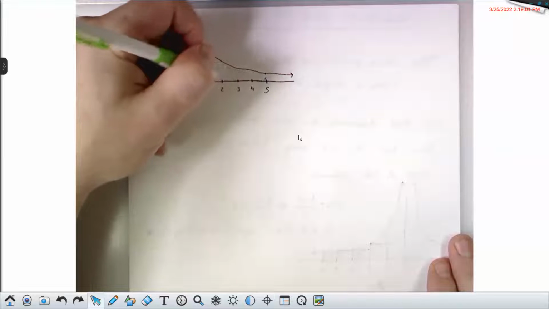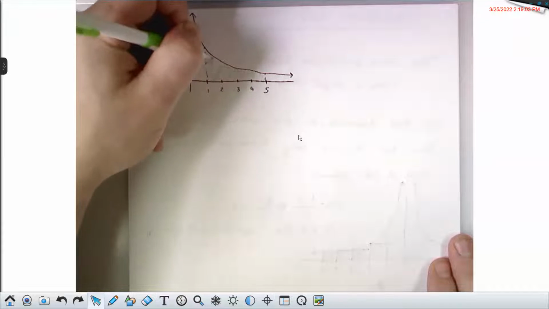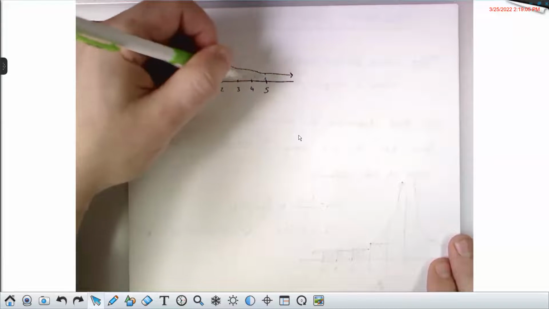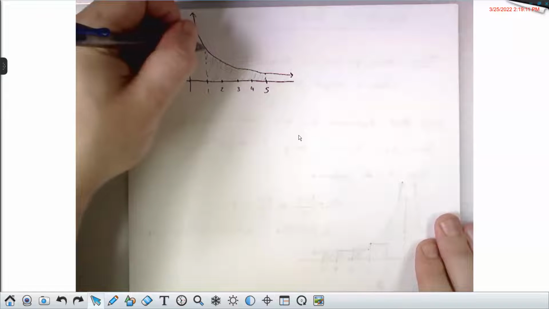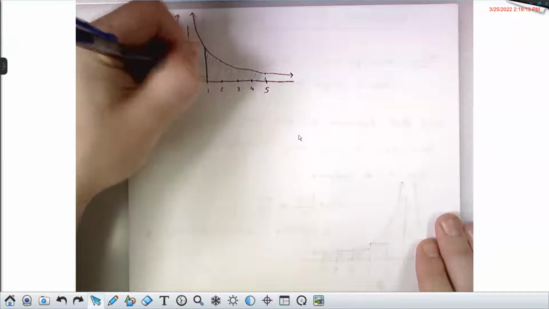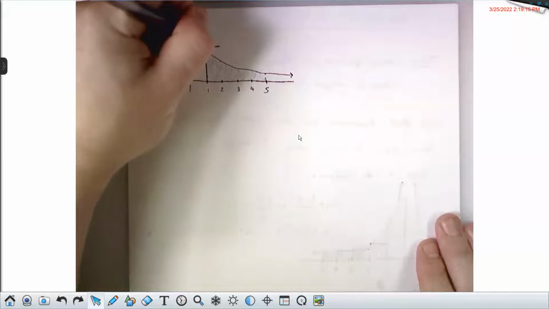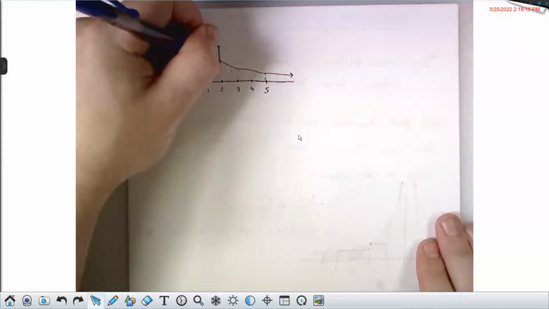It's a nice opportunity to review the graphs of parent functions and basic functions that we should know. If I come in here, making my rectangles with left endpoints, those will look like this.